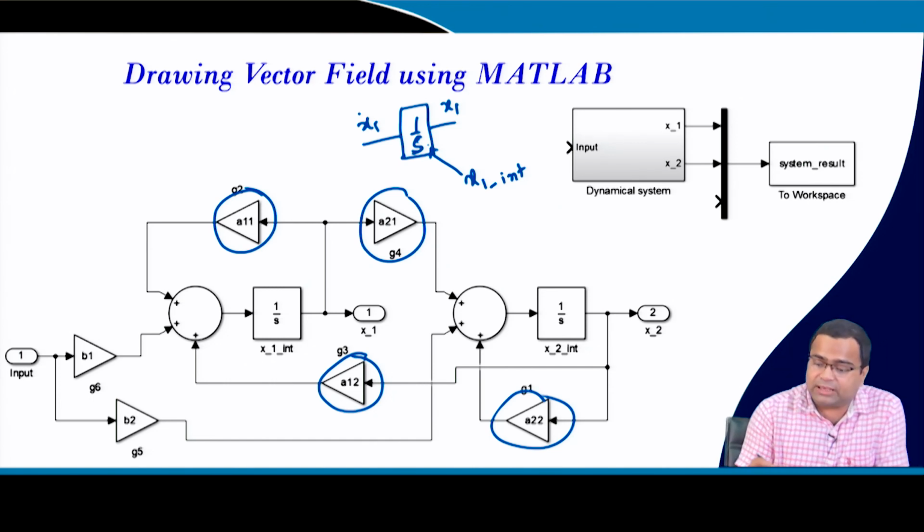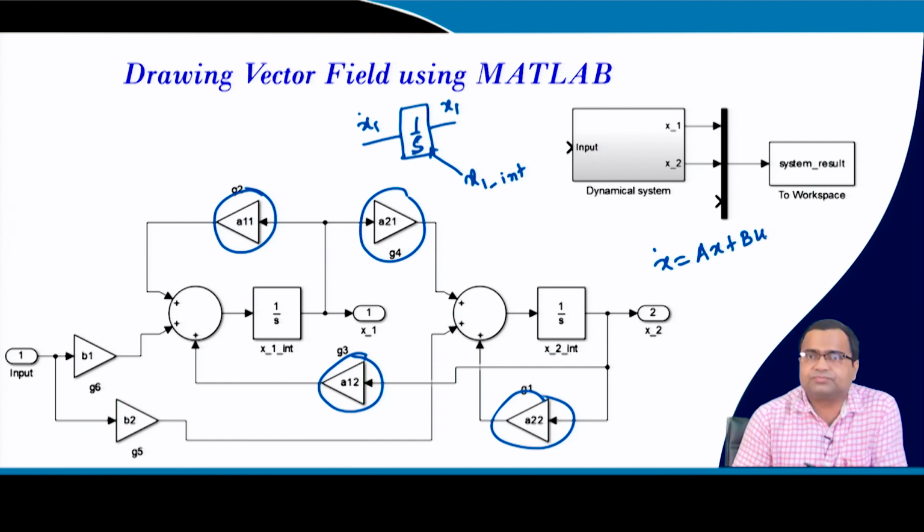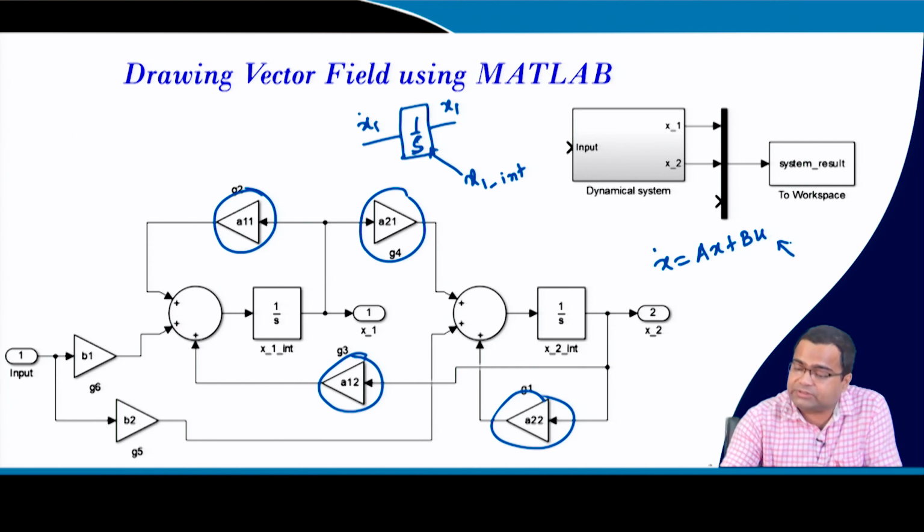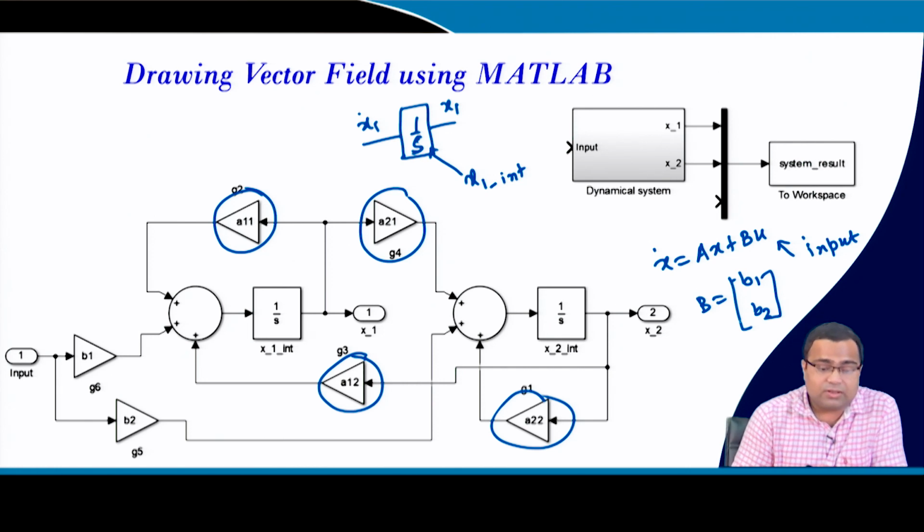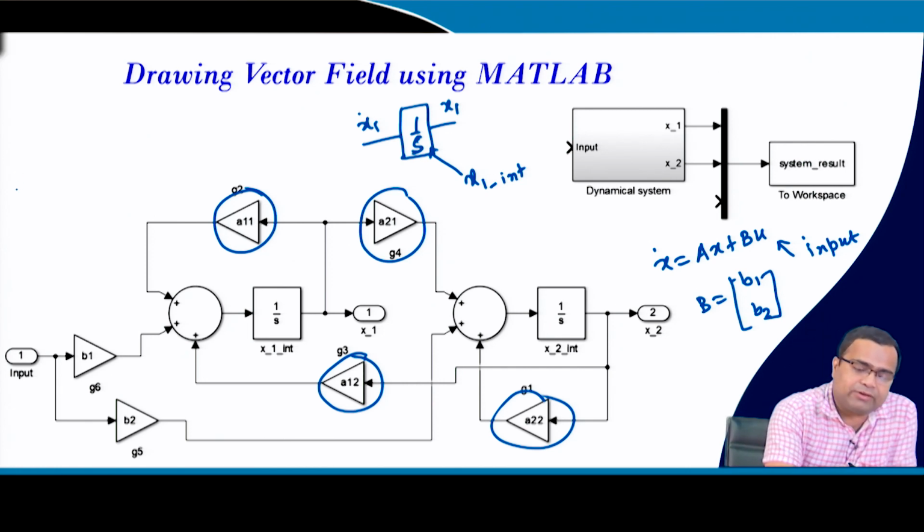Now, suppose we take x dot is equal to Ax plus Bu, where u is the input. This is a general representation of a state space system, where the B matrix is nothing but B1, B2. Then what will be our equation?